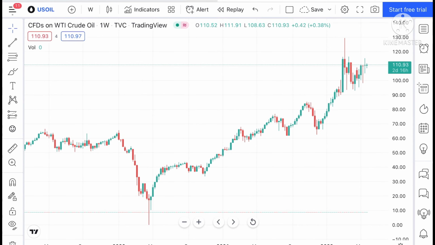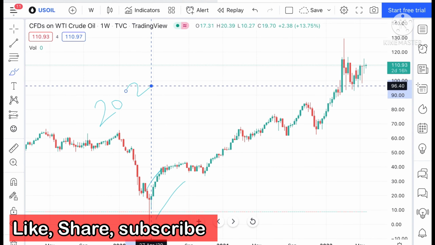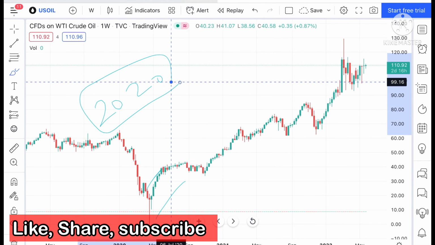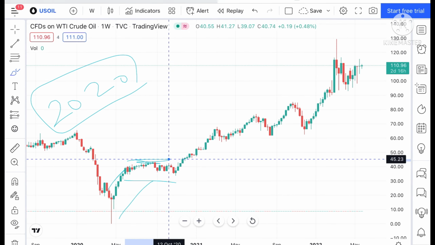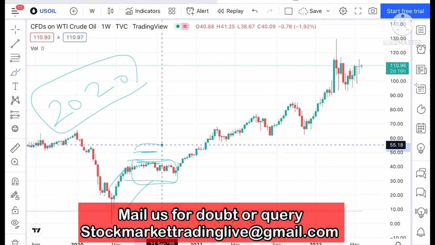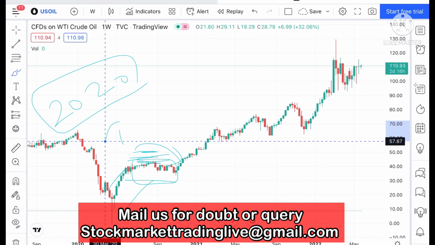See, basically what I wanted to tell you is that whenever crude made a high after 2020, if you look at the chart from 2020, whenever it made a high, if you look at this particular zone, it made a high and then from there we have seen a sharp fall. This is the first time we have seen this.